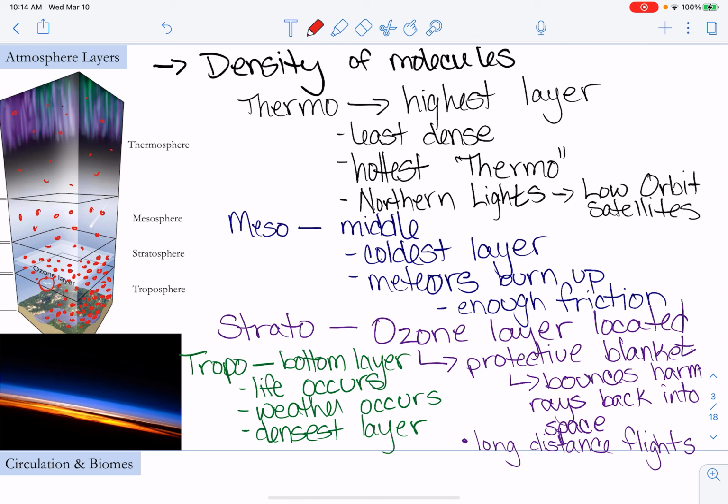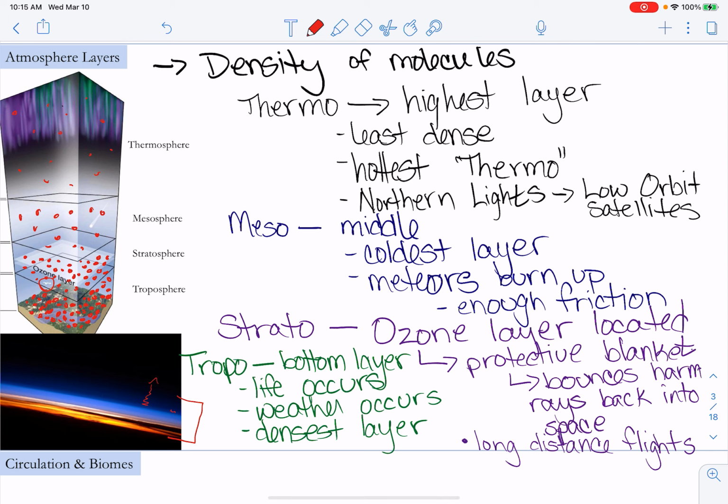I'm just trying to show you there's lots and lots of little molecules really close together compared to all of our other atmosphere layers. And then if you are in space and you're looking at the atmosphere of Earth, you can see it fades out here because there really is no distinctive boundary.